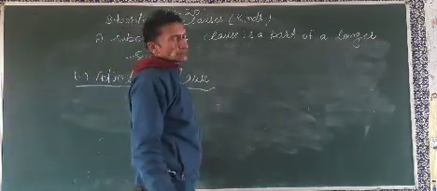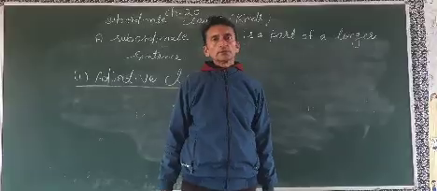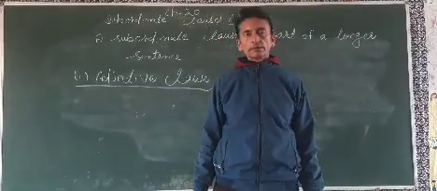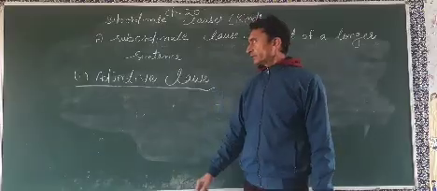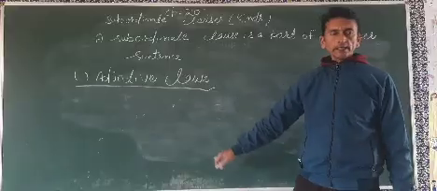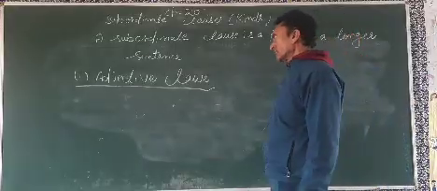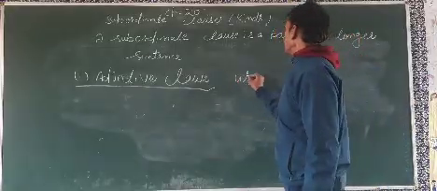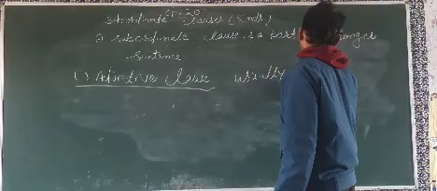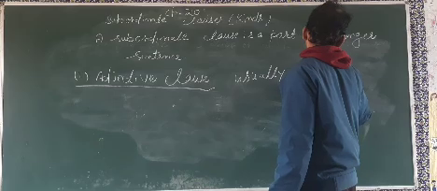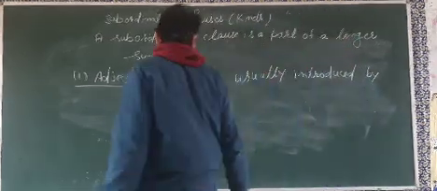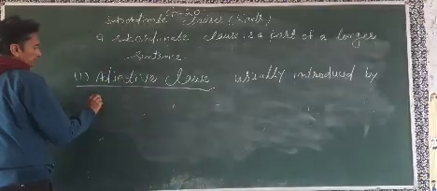So as I told you, a subordinate clause can be of three kinds: noun clause, adjective clause, and adverb clause. First of all, we are going to learn about adjective clause. How can we identify an adjective clause in the sentence? So an adjective clause is usually introduced by a relative pronoun.